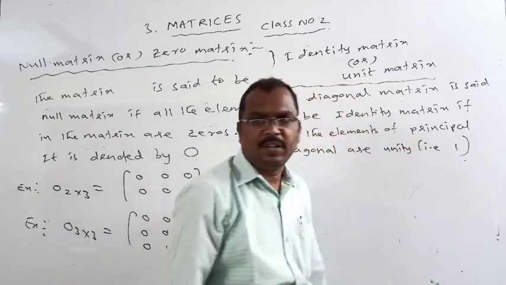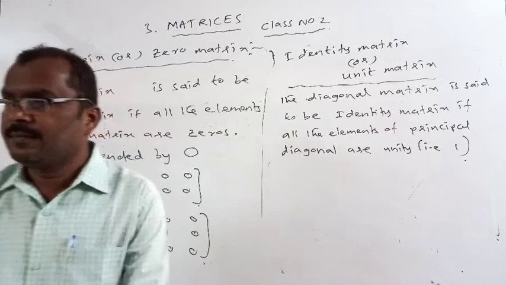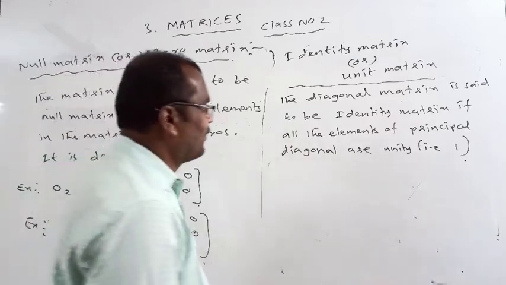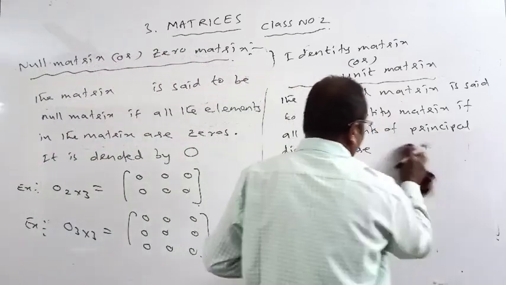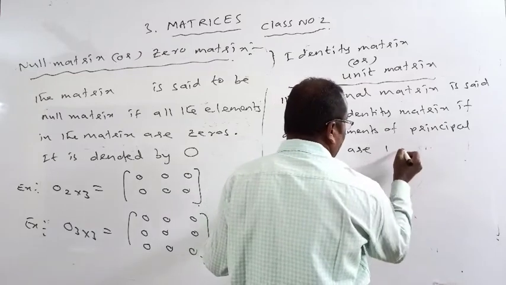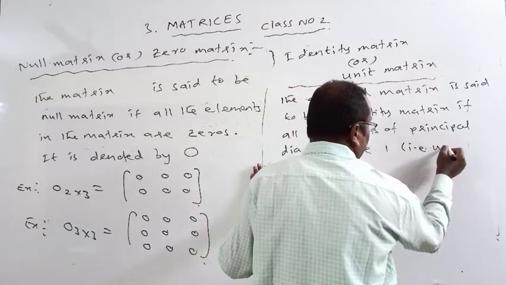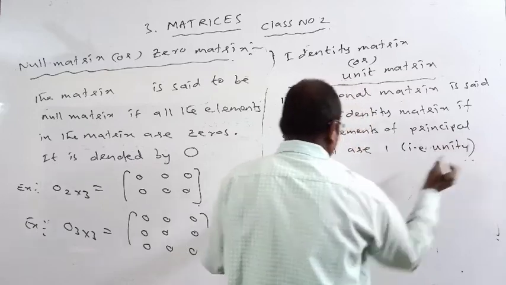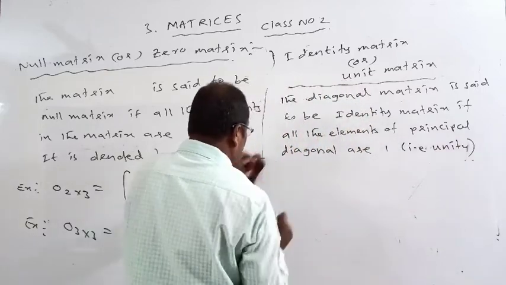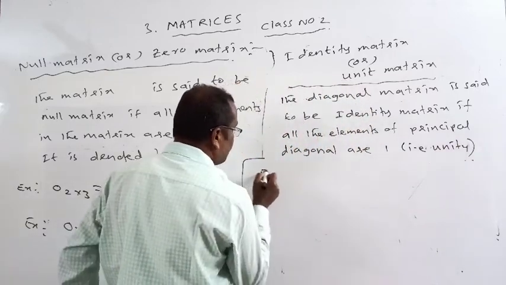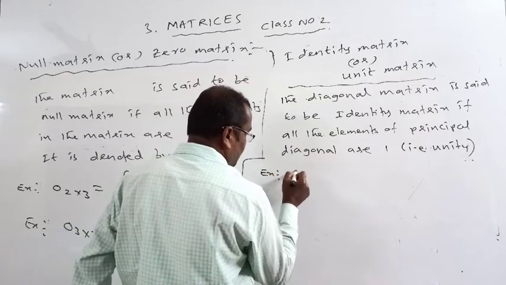What is the meaning of unity? One. All the elements of principal diagonal are one, that is unity. So see this one. Example.